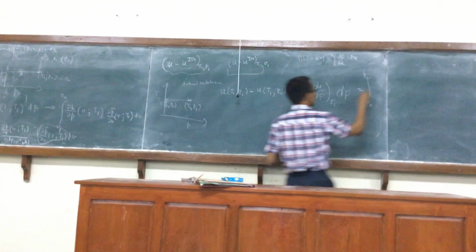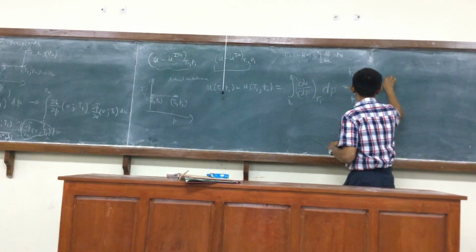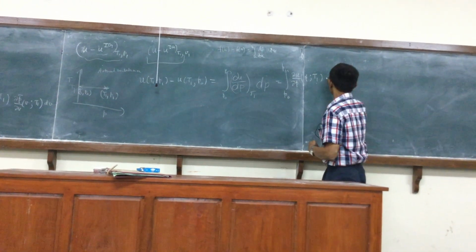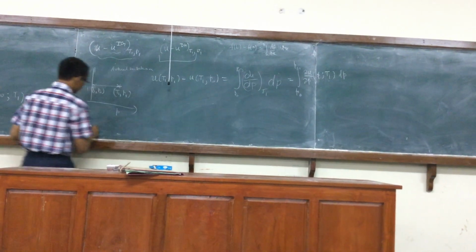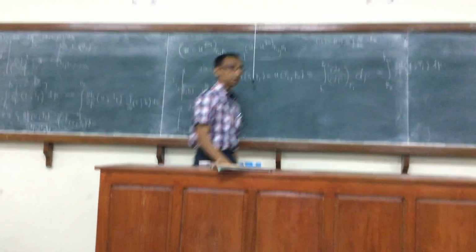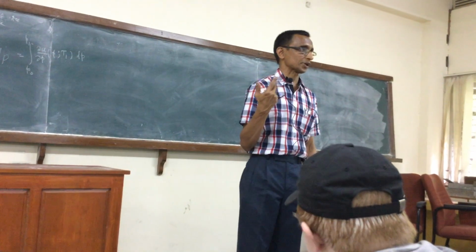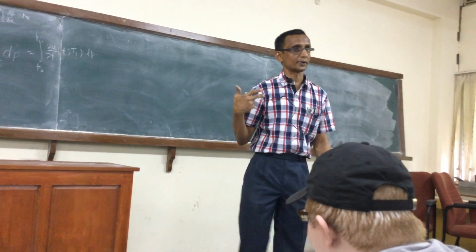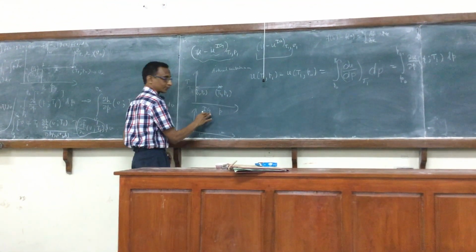So I would write this as the integral of du by dP as a function of pressure, evaluated at T1. Now I consider the ideal gas associated with that substance. This is an important concept: for every substance, no matter what the temperature and pressure, you can talk of the ideal gas corresponding to that substance.